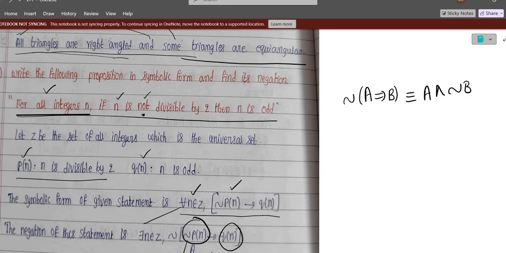So A is as it is, that is negation of P of n. Here and is there, that's why I am writing and. For the second portion, I want to put negation. This is the second one. That's why I am putting negation of Q of n. So this is the symbolic form of negation of given statement.